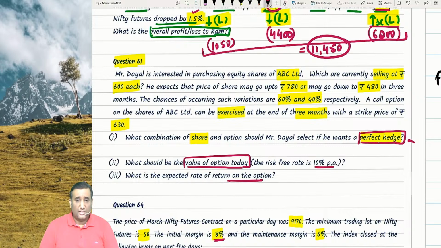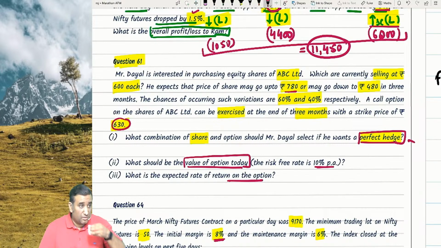This hedge ratio is nothing but a combination of when a writer is writing a call, he has to safeguard himself by buying some share. That is called a hedge ratio. How much proportion to buy? Now the proportion he should buy is a spread of the possible option values. Basically 630 is the exercise price, it goes to 780.